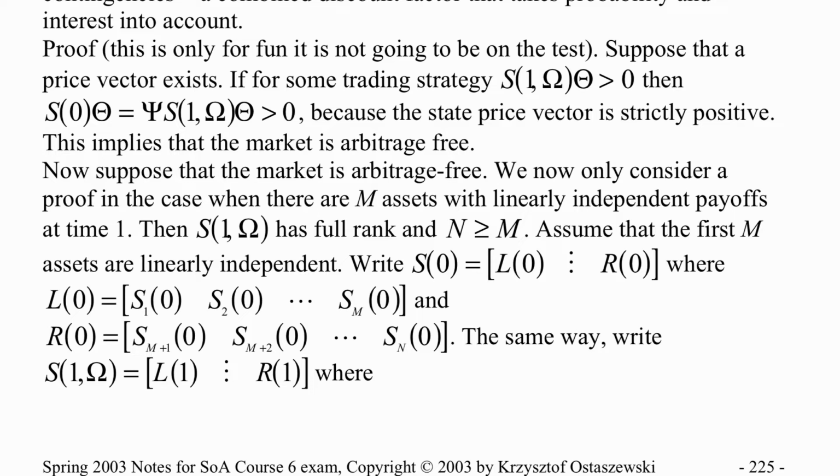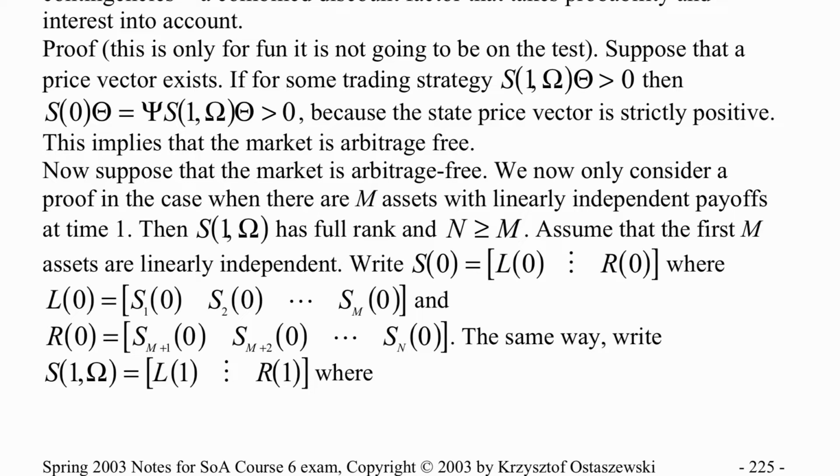Remember, we're assuming that the entries in the state price vector are positive. And basically, the state price vector consists of prices of the Arrow-Debreu securities. So this implies that the market is arbitrage-free.